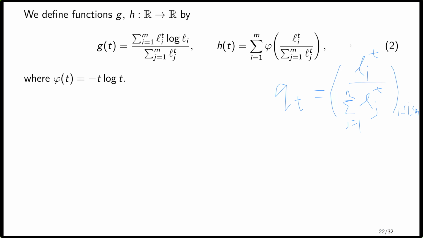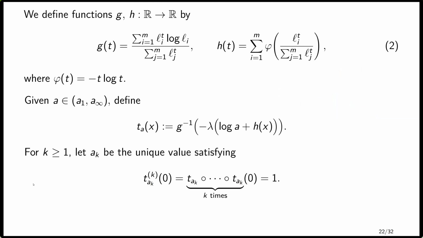And for H t, it is a big H t, the entropy of the vector Q t. Now we are ready to define a function T a x. T a x is defined as G inverse, whenever it makes sense, since it is the inverse function of G, and we need to consider the range of G.